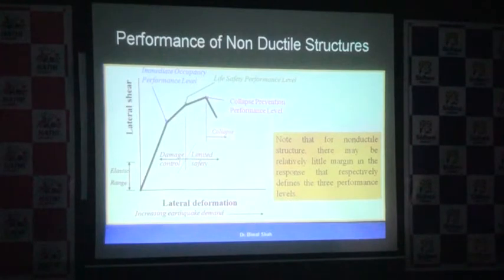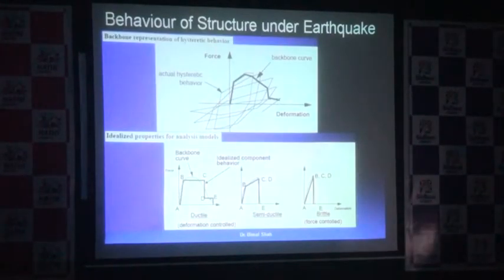This is why non-ductile structures are not preferred. Again, if you talk about the behavior of the structure under earthquake, consider the hysteresis loops. In pushover analysis we apply load in only one direction, but actually your earthquake forces will move back and forth.